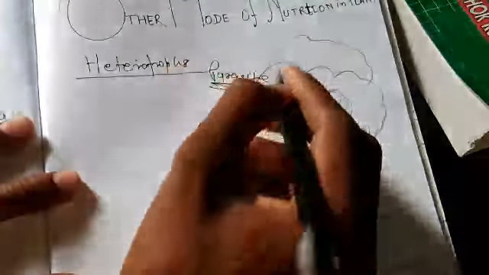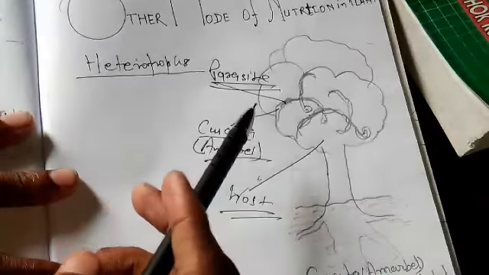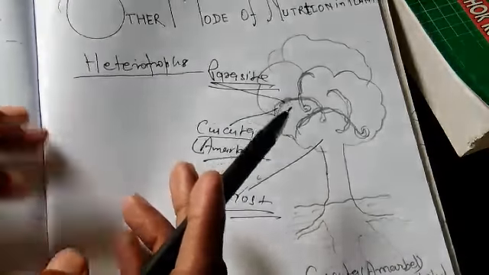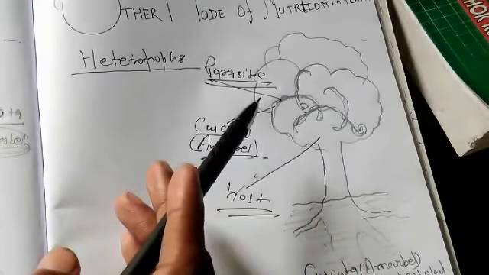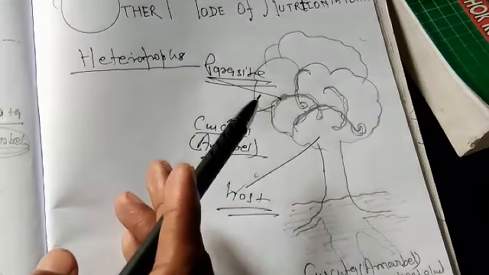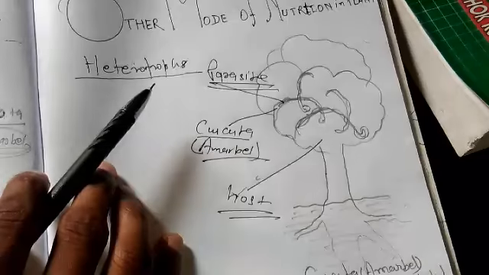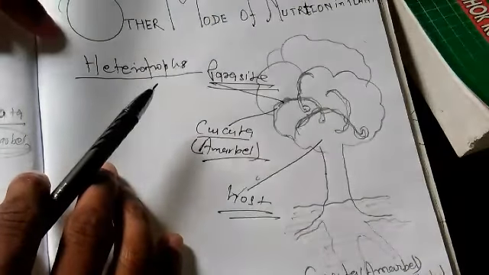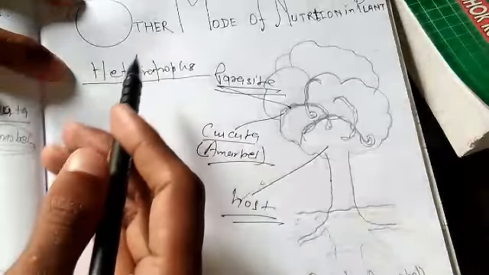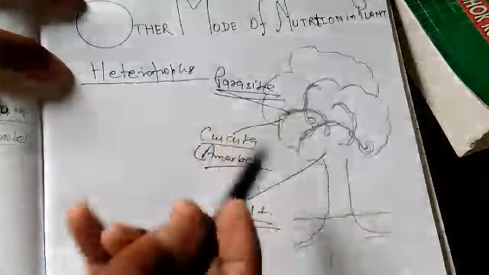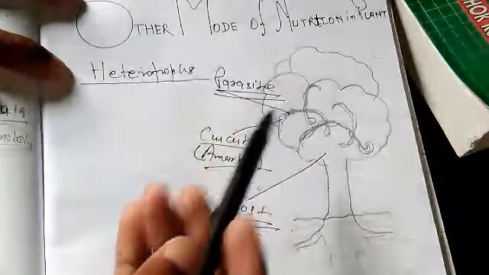Other animals can also be parasites. Think about it and discuss. Now we can define heterotrophs. We see heterotrophs in the figures, other animals and plants.